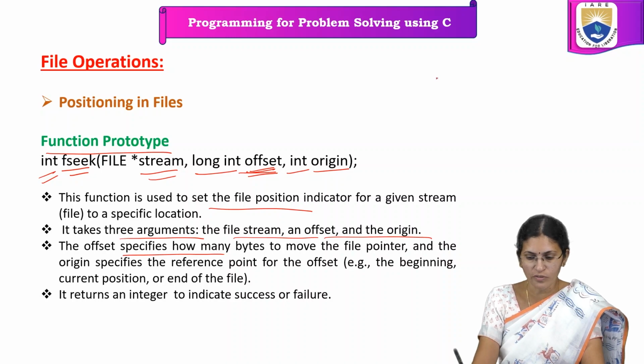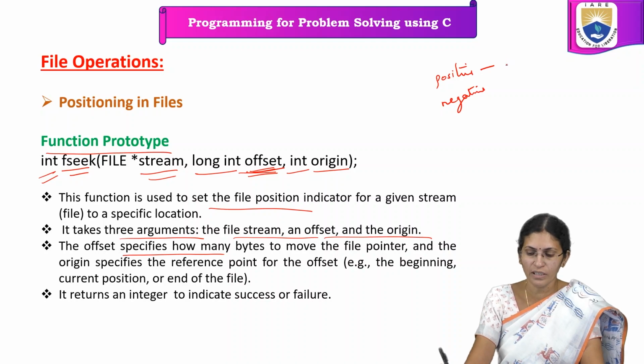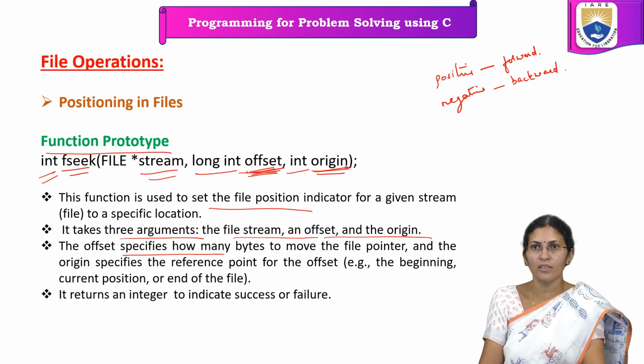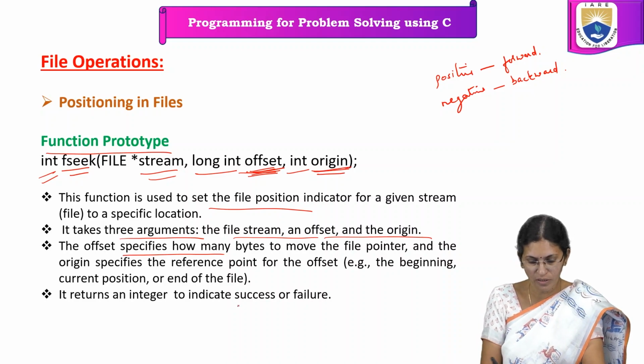Its value can be positive or negative. If it is positive, the file pointer is moved in the forward direction. If it is negative, the file pointer is moved in the backward direction.